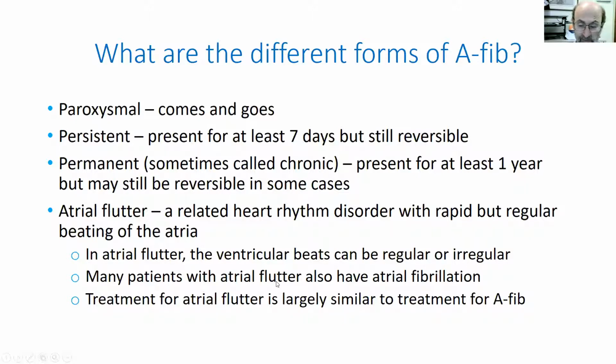Many patients with atrial flutter also have atrial fibrillation, but I'm not going to talk much about atrial flutter, primarily because the treatment for atrial flutter is largely similar to the treatment for atrial fibrillation. So if your doctor says you have atrial flutter, then you can think of it as being essentially as if you had atrial fibrillation, and pretty much everything else I'm going to say would apply.